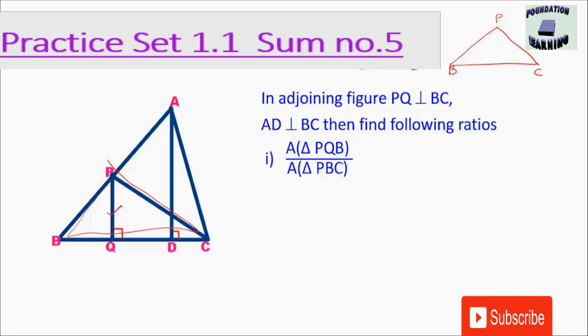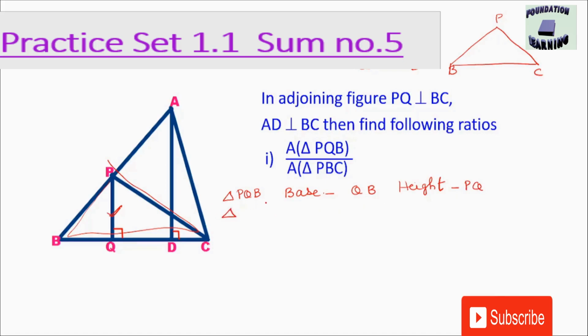Let's find what is the base. Now we are taking triangle PQB first. What is the base? Base is QB. And height, it's got the same height. PQB height is here. That is PQ.